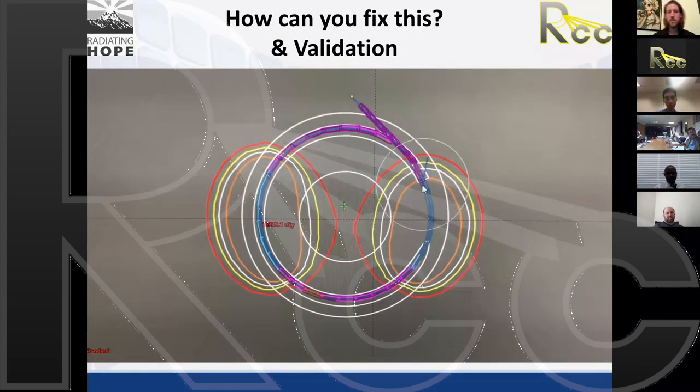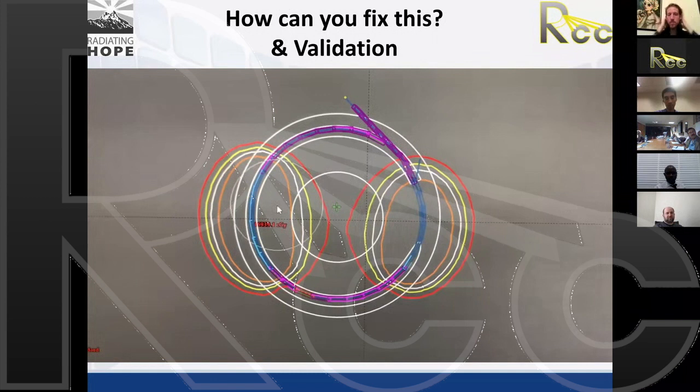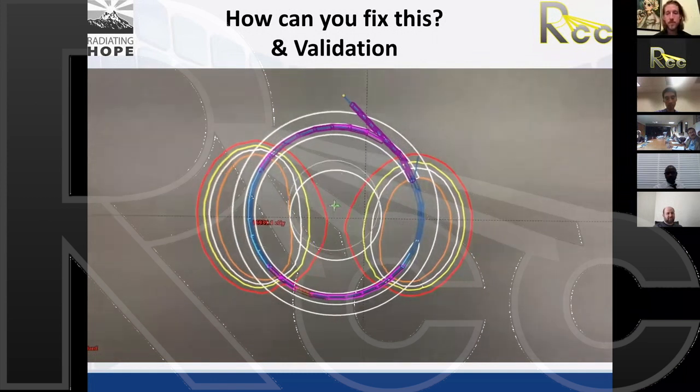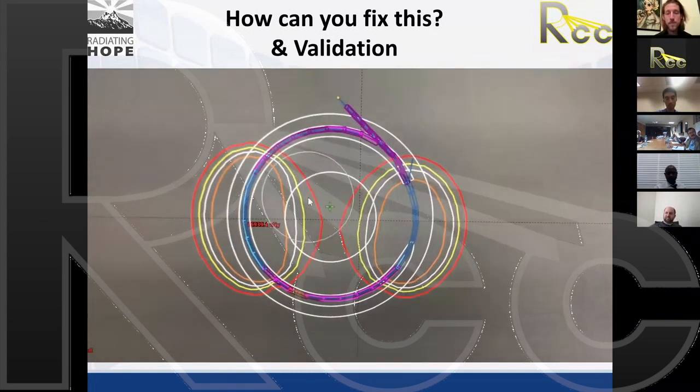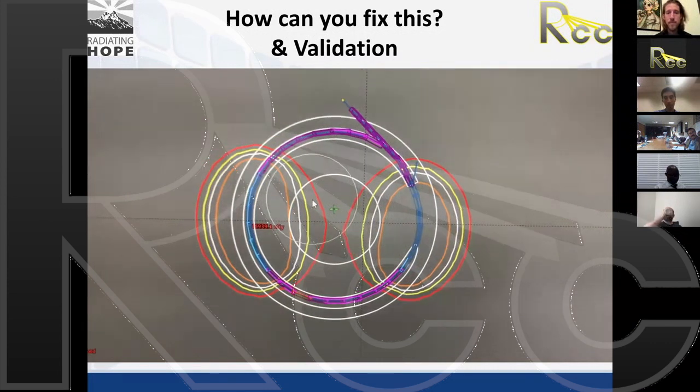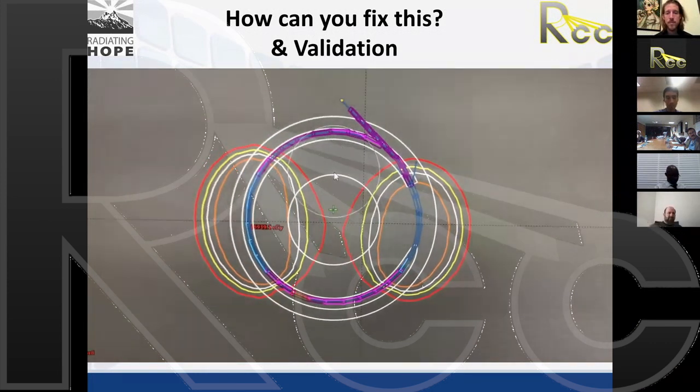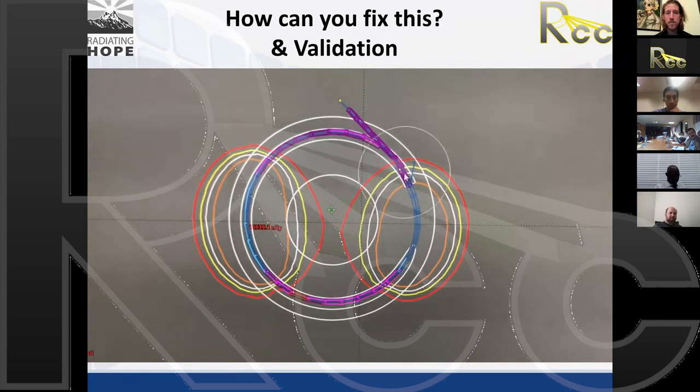So I load symmetrically. But as we remember, when we commissioned, we saw that the measured dwell positions in our system were 5 millimeters closer to the tip than the planned dwell positions.